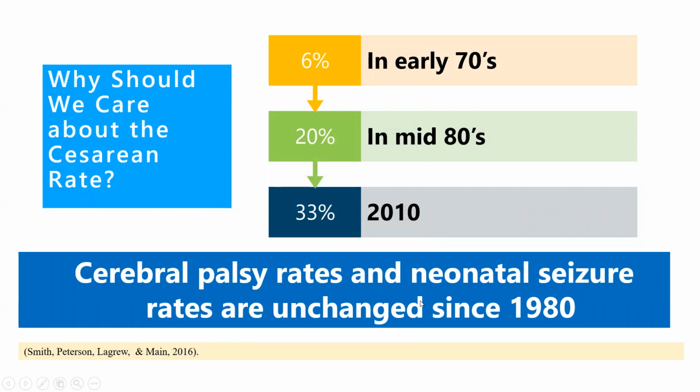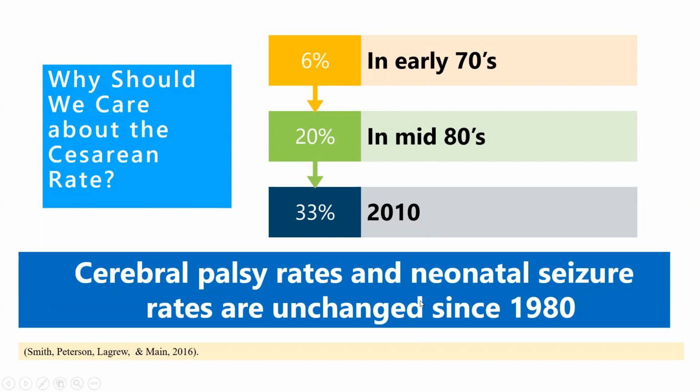The idea that cerebral palsy and neonatal seizures could be decreased with greater use of cesarean was very widespread. In fact, it still remains today. But the fact is, since 1980, our cerebral palsy rates and neonatal seizure rates have remained unchanged despite the huge increase in cesarean sections that we've seen. So what that tells us is more cesareans do not equal healthier babies, and they do not equal healthier mothers.